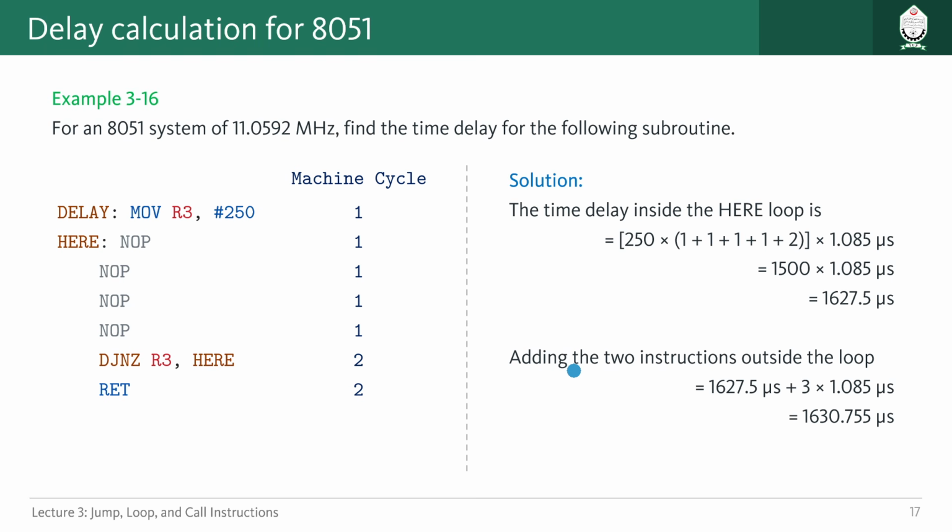The DS89C420, 430, 440, 450 microcontrollers have 1 clock pulse per machine cycle, which is different from what we have discussed. We don't have to do any calculations related to those. For example, examples 3.19, 3.20 and 3.22 are done for the DS89C420. We can avoid those.